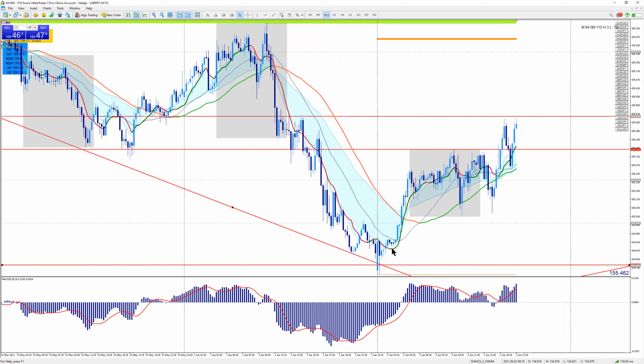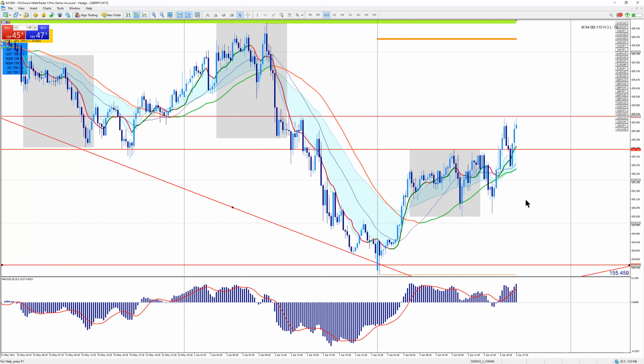So my bias is up, because that's what it did during the previous session. What is price doing now? When you looked at it, it was still within the confines of the Asian trading session. It was still bound. So it's kind of just moving within the Asian box.